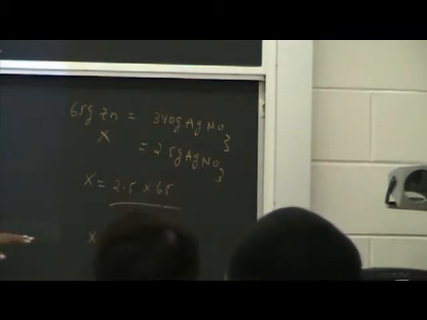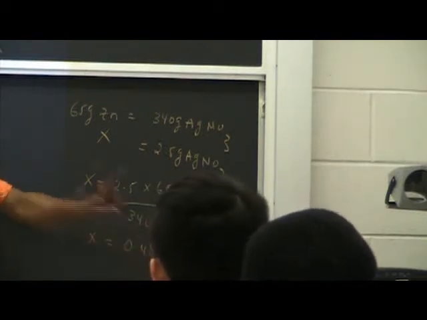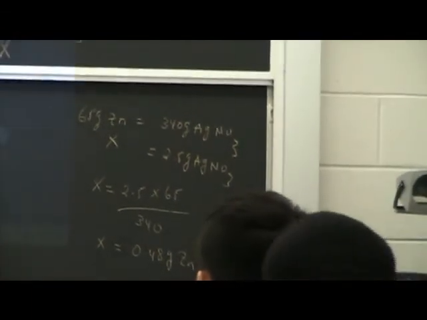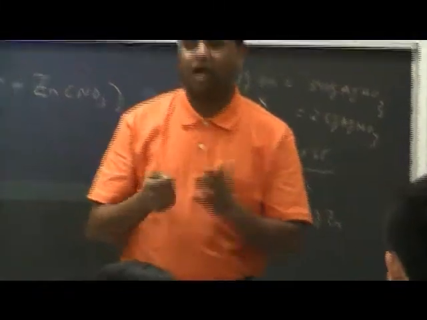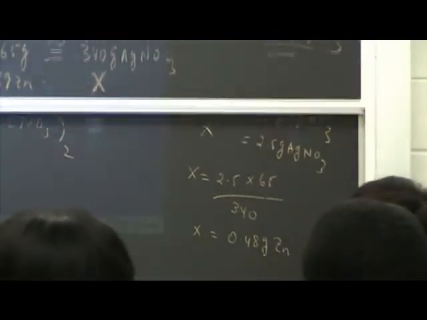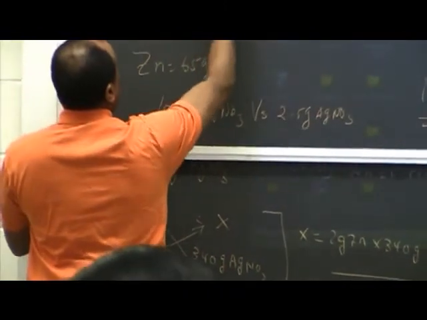Okay, we have 0.48 grams of zinc. Now I want you to compare this value, 0.48 grams of zinc, with the given value, 2 grams of zinc, and tell me what you think. We have excess. Compare the 2 grams of zinc versus 0.48 grams of zinc.